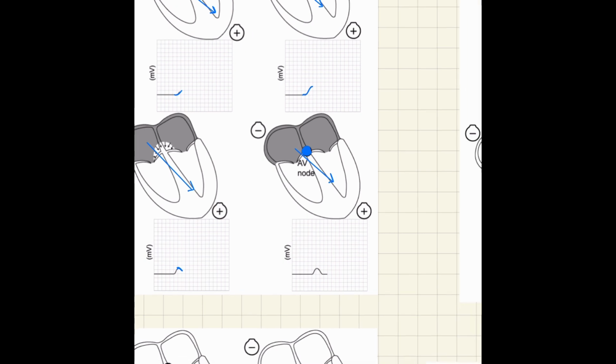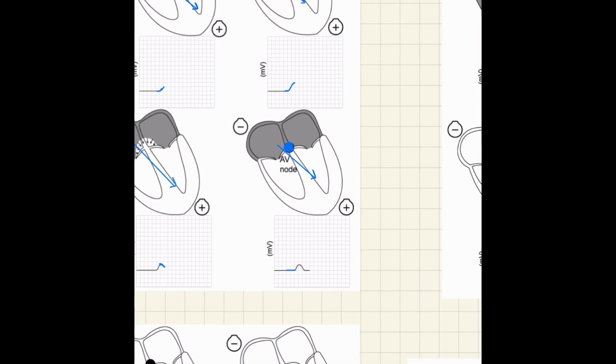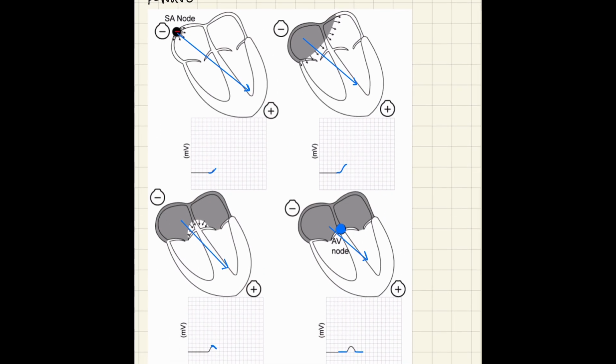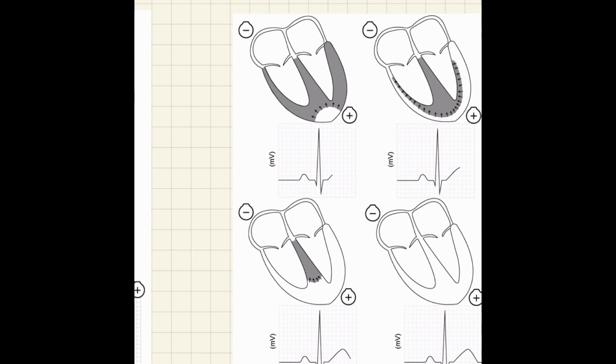And then when we get here, all of the outside of the cell is going to be negative. We see a whole bunch of negatives pointing to a positive sensor, and now all of the atria are depolarized, positive inside the cell, negative outside the cell. And that creates the P wave.